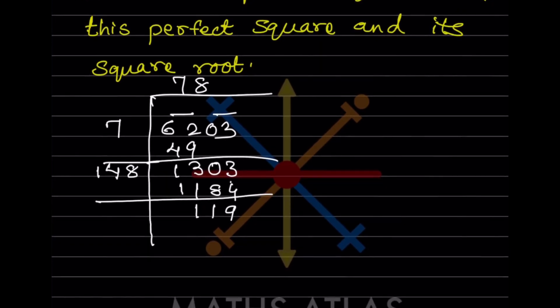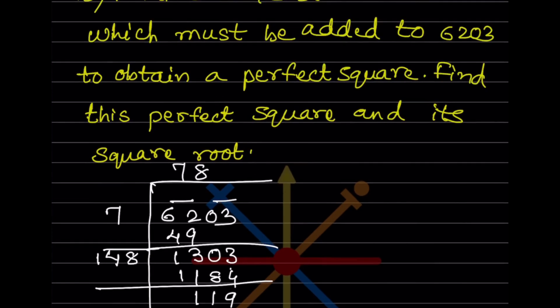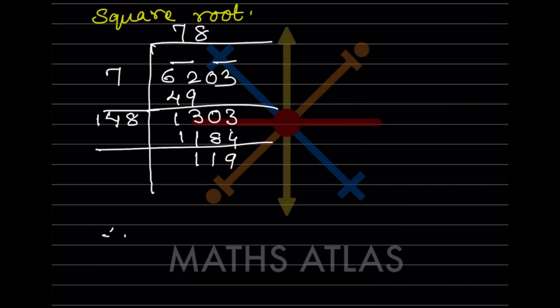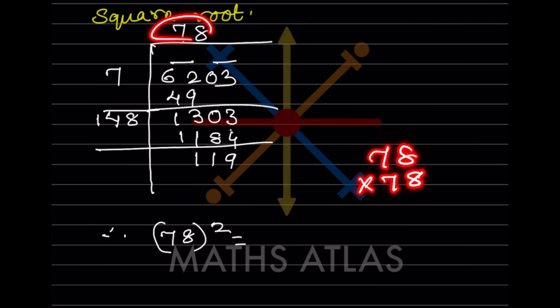So what will we write here? Therefore, 78. When you take the 78 square, you will multiply and see 78 square, because you got here 78 but with a remainder.